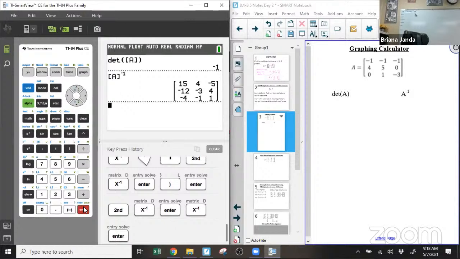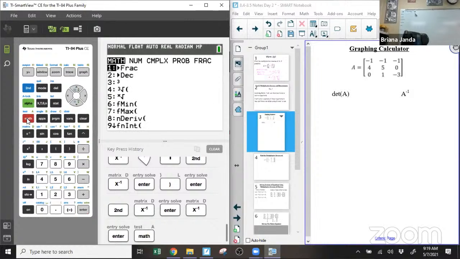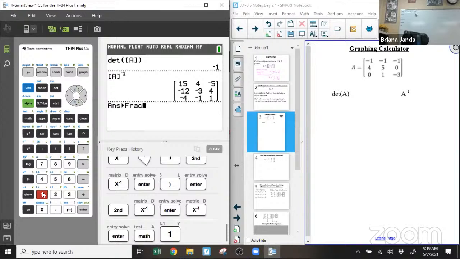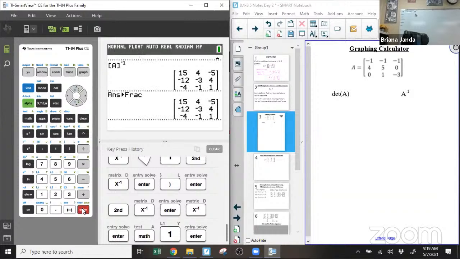All I would hit is math 1, and it says that it's going to turn everything into fractions, and I would hit enter again, and it would take all those ugly decimals in my matrix and turn them into pretty fractions, which I didn't have any to give you an example of, but it would do that for you. And it would re-give you a matrix with all fractions in it instead of decimals, okay? So math 1 if you ever need to change decimals into fractions in your matrix answer that you get on your calculator.